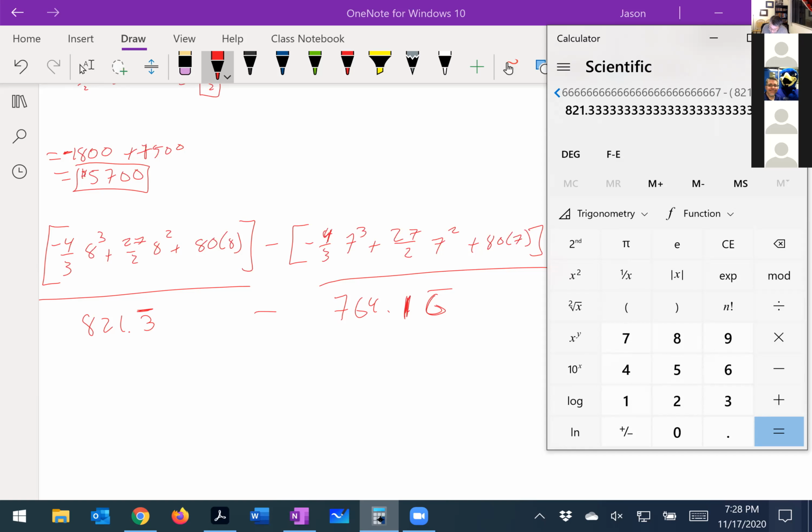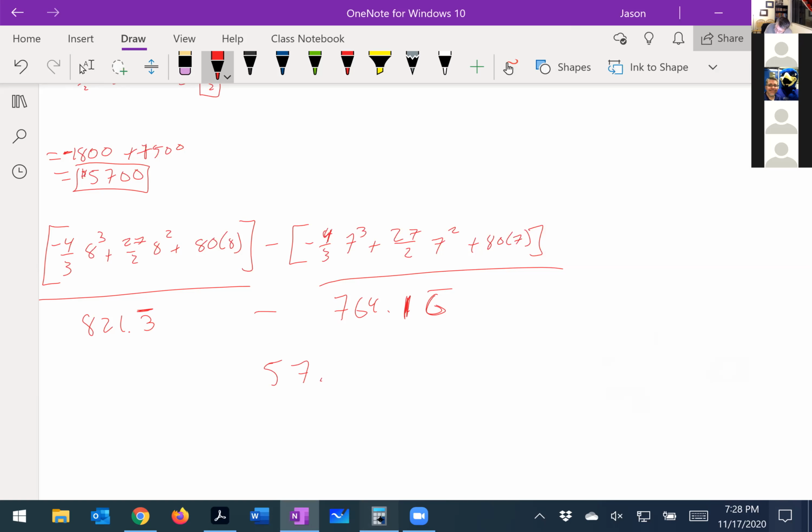That's 821.3 repeated equals that. Okay, so this is going to be 57.16 repeated, or 57.2 when rounded. So yeah, it was just my arithmetic that was off. So again, I would just plug the whole thing into a calculator and come out with your answer.